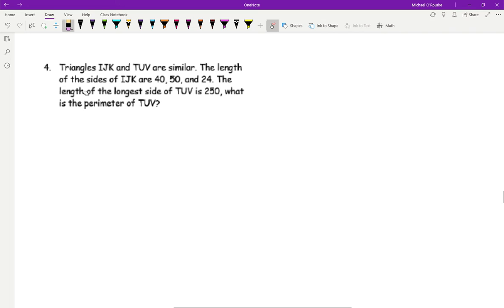The lengths of the sides of IJK are 40, 50, and 24. It doesn't tell you which ones, it doesn't really matter. 40, 50, and 24. The longest side of TUV is 250. What is the perimeter of TUV?